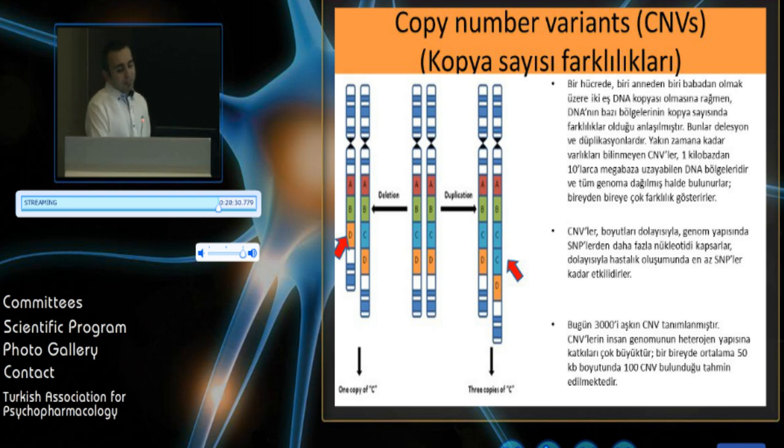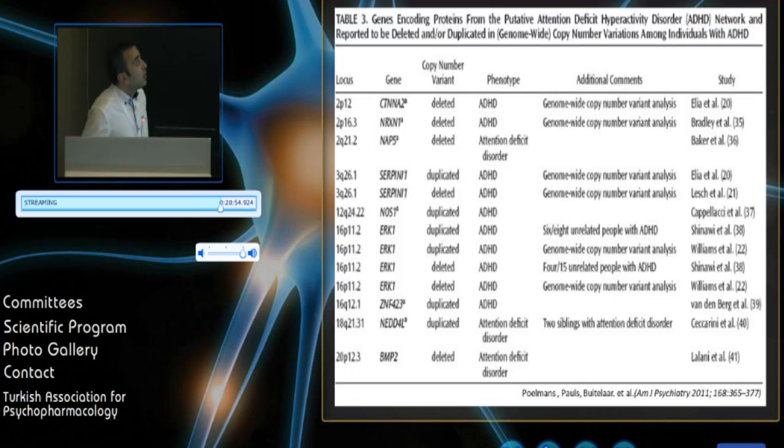After deletion and duplication processes, those DNAs can be more than expected or less than expected. DNA sites are newly discovered, and more than 3,000 copy number variants have been defined until now. And compared to single nucleotide polymorphism, they are more influential on the disease.